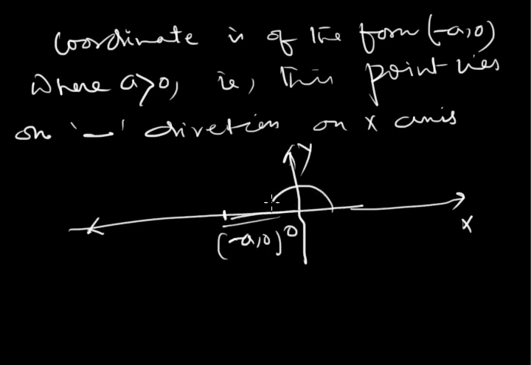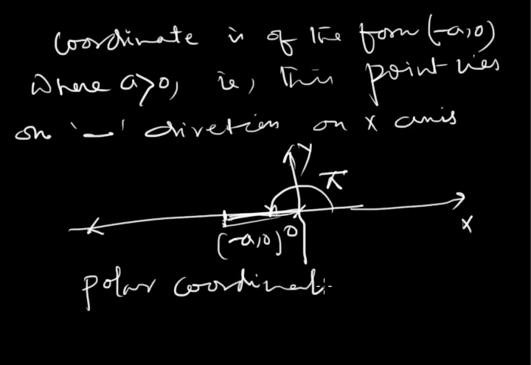This makes an angle pi with the positive direction of the x-axis, the initial line, and its distance from O is a unit, and hence its polar coordinate is (a, pi).